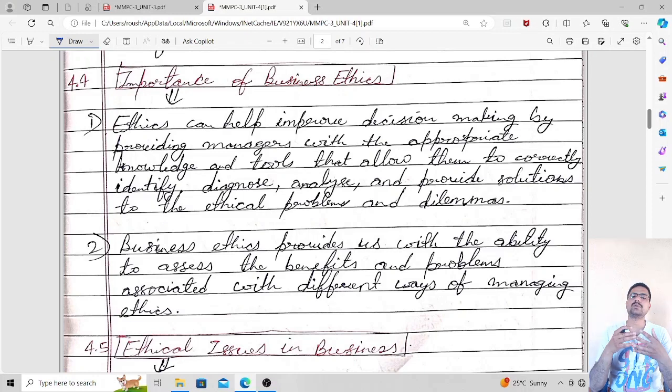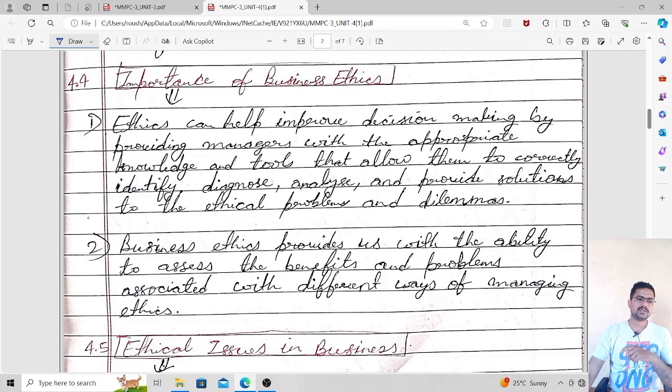Business managers get appropriate knowledge and tools from business ethics, and they use them to identify, diagnose, and analyze different kinds of solutions.